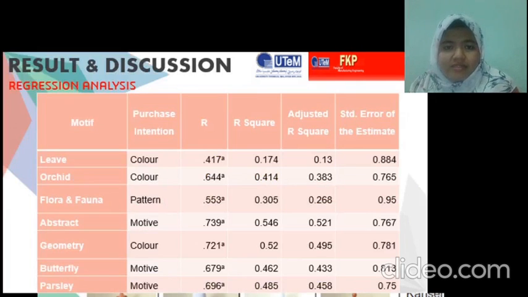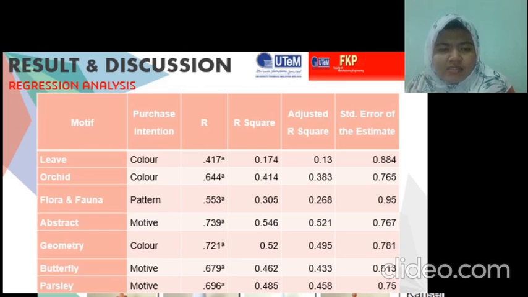For the regression analysis, the R value for motif leaf is 0.417, and the next motif is orchid, which is the R value is 0.644, and for the flora and fauna, the R value is 0.553. Meanwhile, the R value for abstract is 0.739, and the motif geometry and the butterfly are 0.721 and 0.679 respectively.